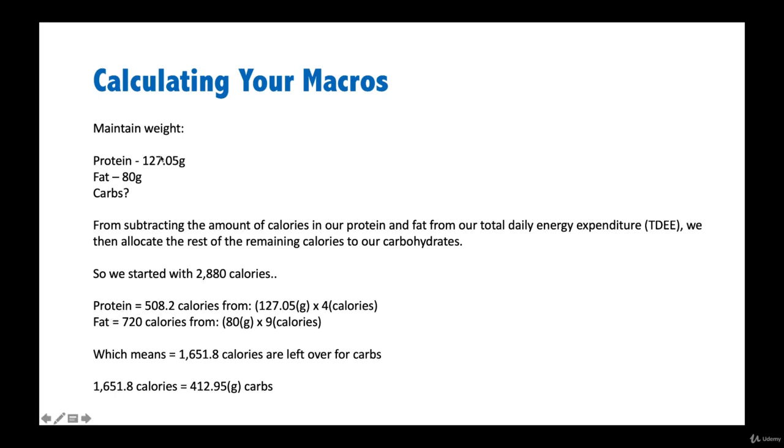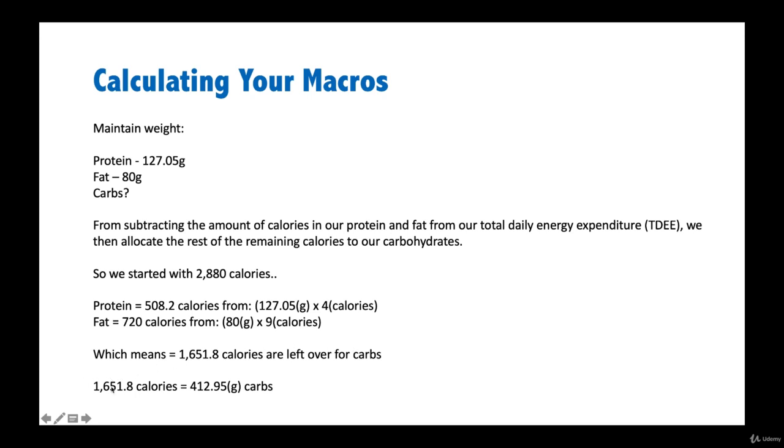Protein, 127.05 grams, is 508.2 calories. Fat, 80 grams, is 720 calories. If we add those two numbers together and subtract them from 2,880, we are left with 1,651.8 calories for carbs.